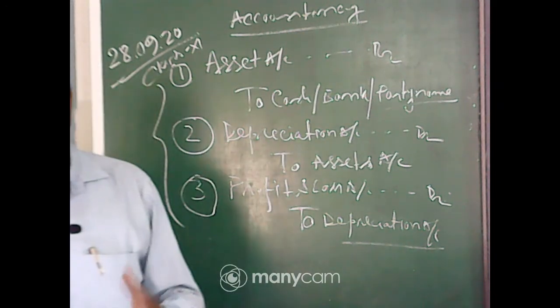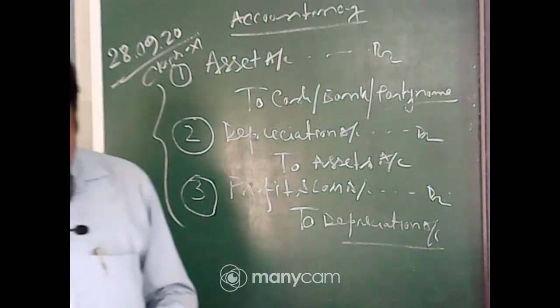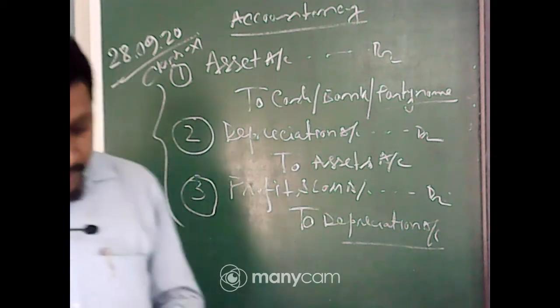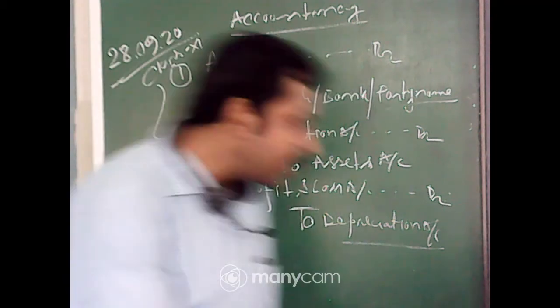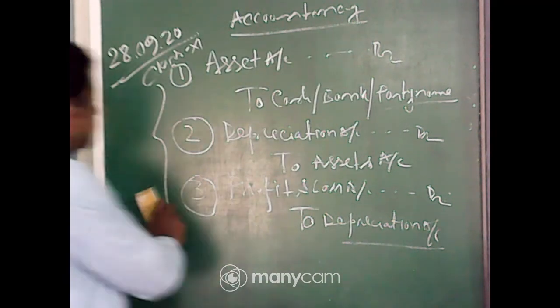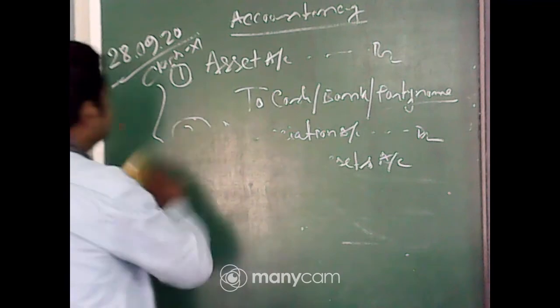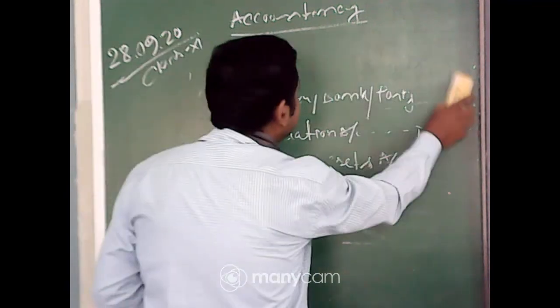Okay. Now there are 2 methods to record the depreciation. Which are these 2 methods? Two methods of depreciation.